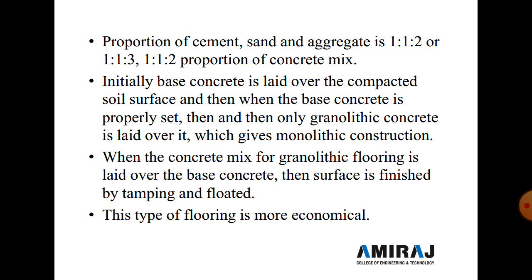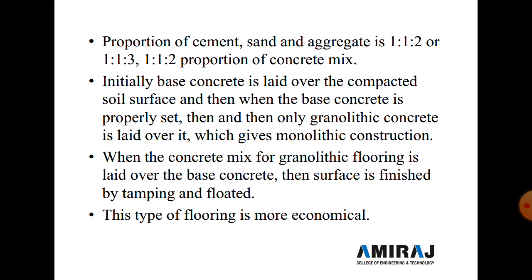Now the initial base course is laid over the compacted soil surface, and when the base concrete is properly set, then only the granolithic concrete is laid over it, which gives monolithic construction.